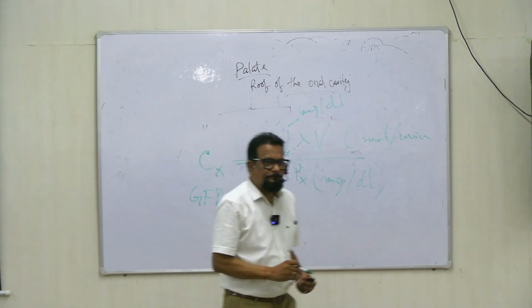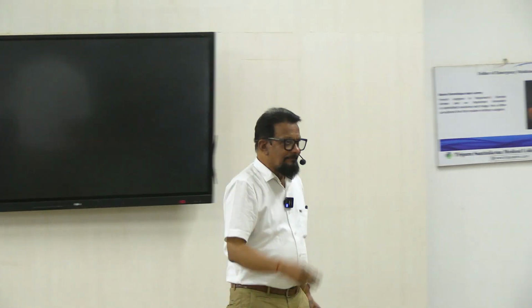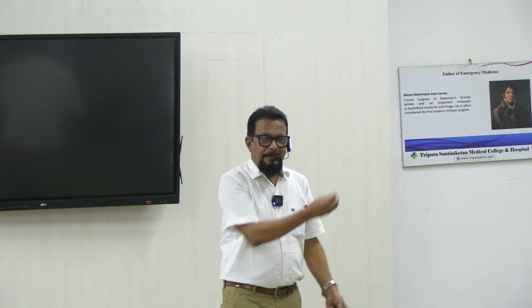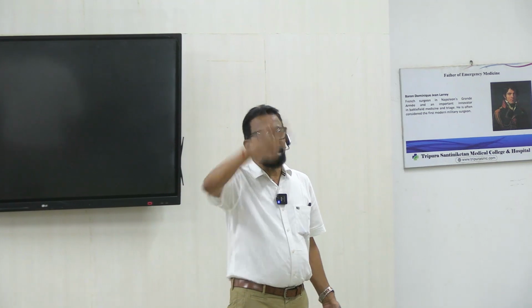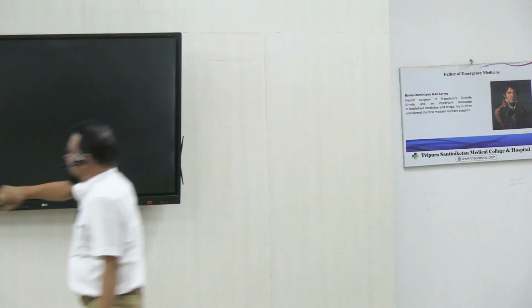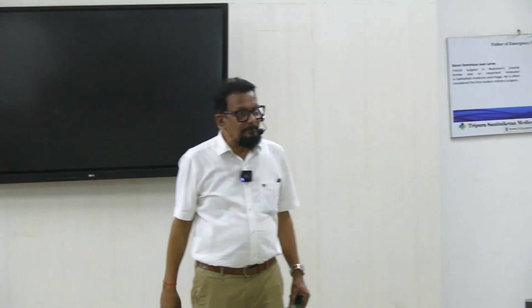This is simple. Take the urine, measure the concentration. For blood, it's also very easy. Take the blood, separate the plasma, and see the concentration of that substance. And how will we measure urine flow per minute? Simple. Collect 24 hours urine. How much is it? Say for example, 1500 ml.